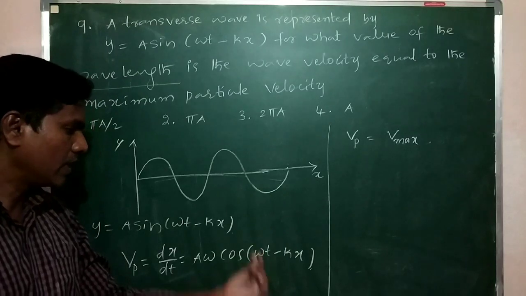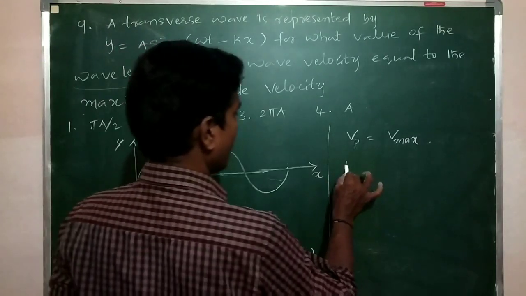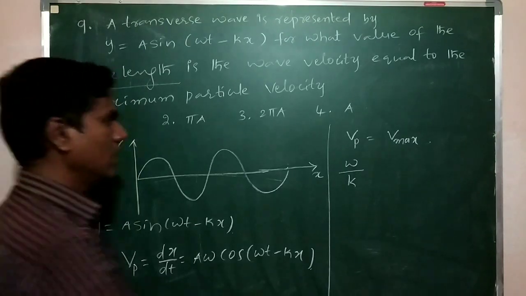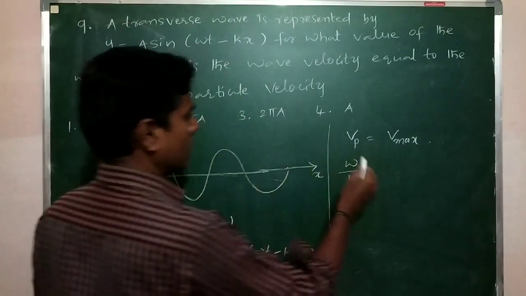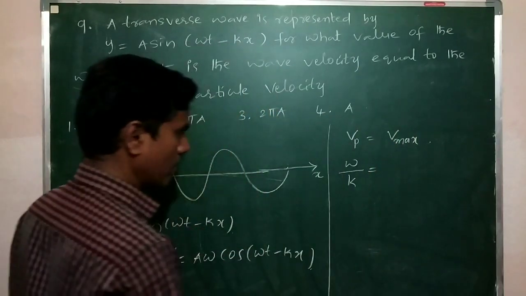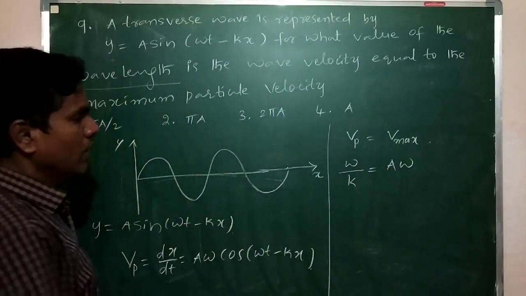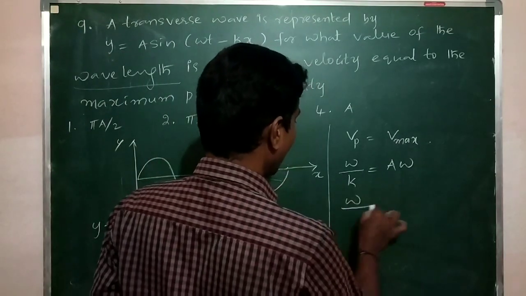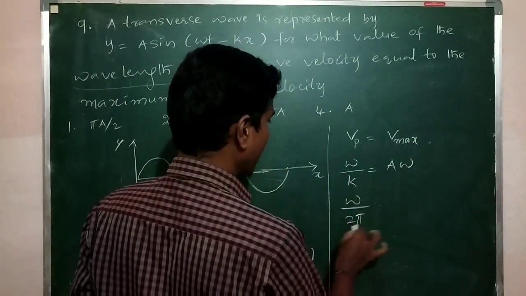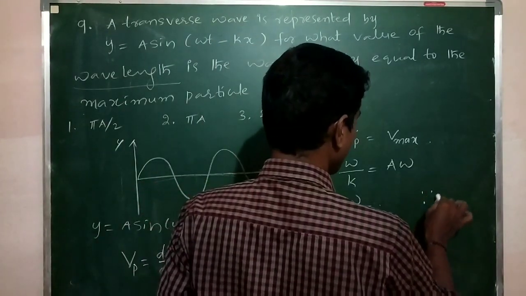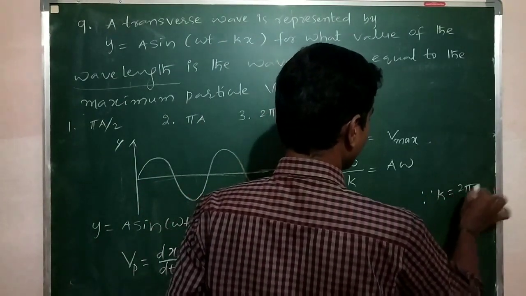Now here the wave velocity is equal to the maximum particle velocity. That means the velocity of wave is equal to V maximum. The wave velocity is omega by k. We know that V maximum is A omega. Here it is omega by 2 pi by lambda, since we already know that k is equal to 2 pi by lambda.